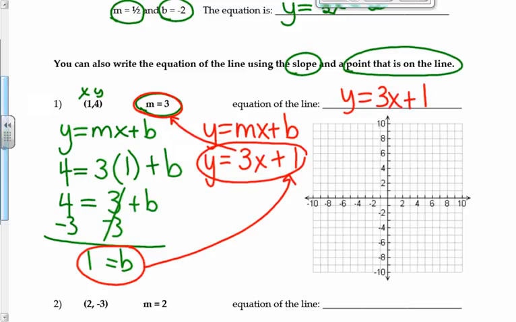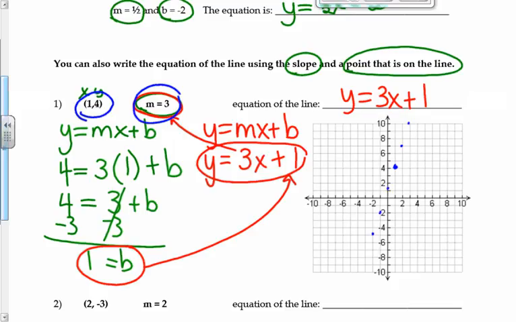Now, if you were given a graph, you could also check that this is true. You could plot the point right here, which is 1, 4, on your graph, and then you could count using your slope of 3, up 3 over 1, up 3 over 1, down 3 over 1, down 3 over 1.